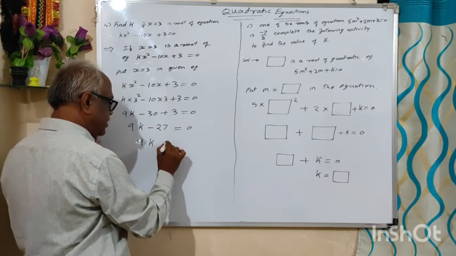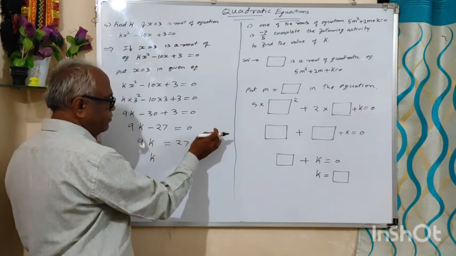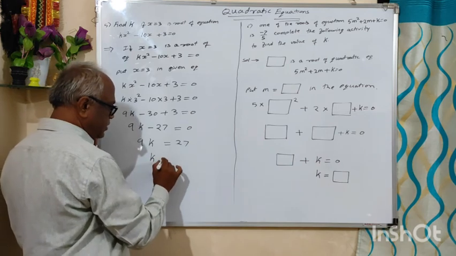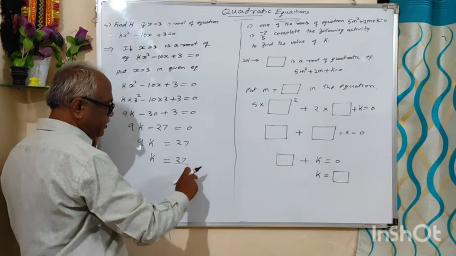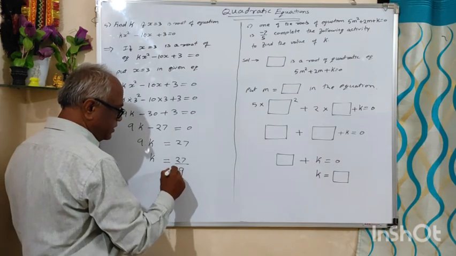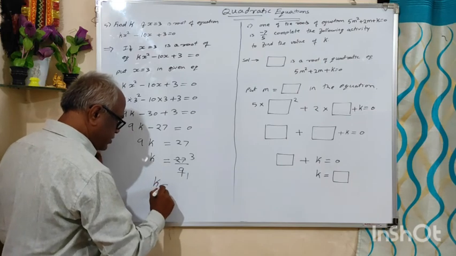Therefore 9k is equal to 27. This minus 27 shifted to the other side of the is equal to sign. K is equal to 27 upon 9 shifted to the other side of the is equal to sign, it becomes division. 9 ones are 9, 9 threes are 27, k is equal to 3.